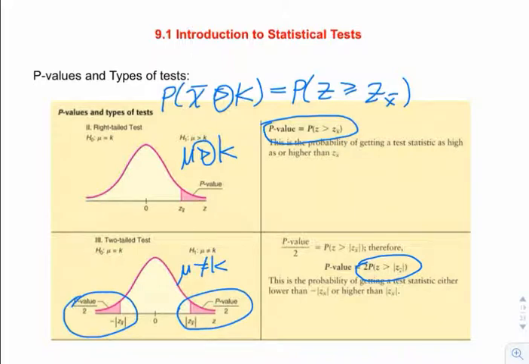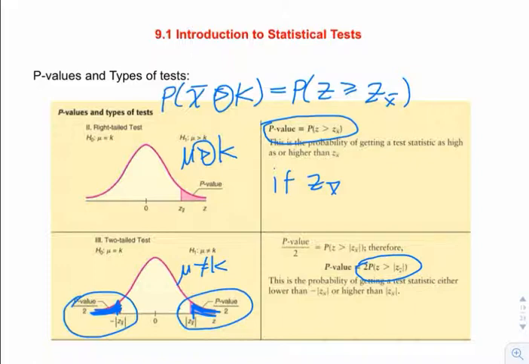For the two-tail test, we want both of those values, so we're going to look it up and find one value on our table, and we will double it to find the whole p-value. So if your z x bar is positive, you'd find this value to the right of it. If your z x bar is negative, you would find this value to the left of it and double it.